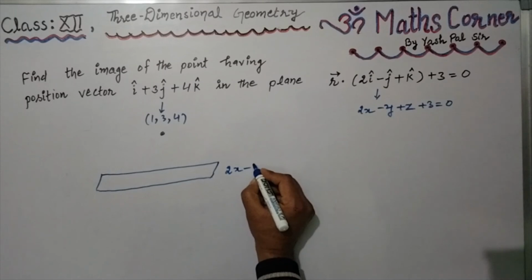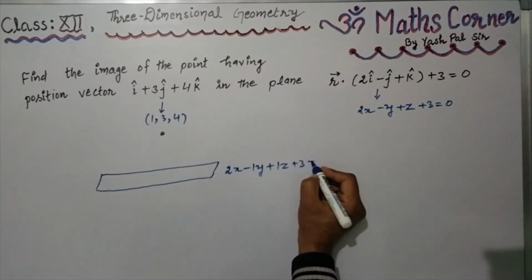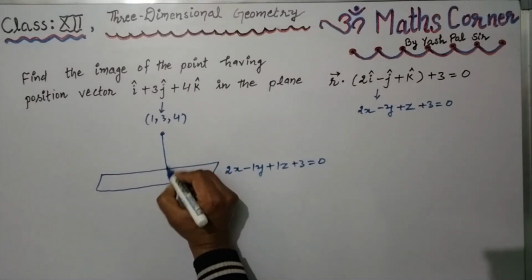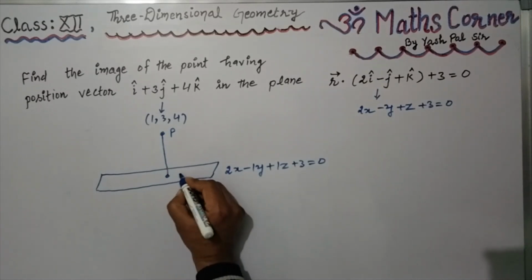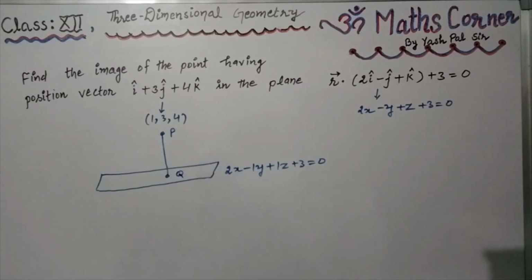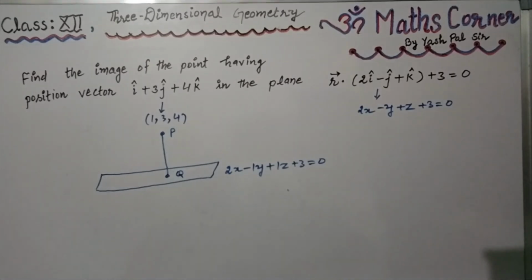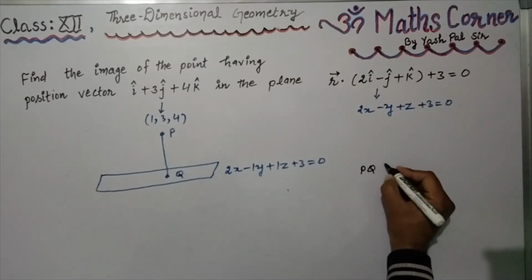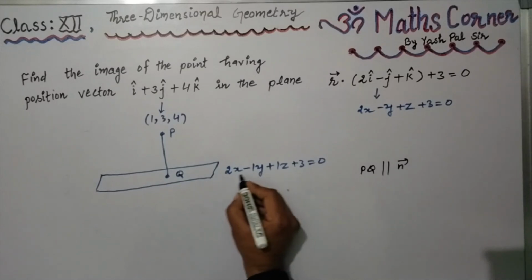What is the plane? 2x minus 1y plus 1z plus 3 is equal to 0. So first of all, suppose the name of this point is P, and this is the foot of perpendicular Q, PQ. This PQ is parallel to the normal.